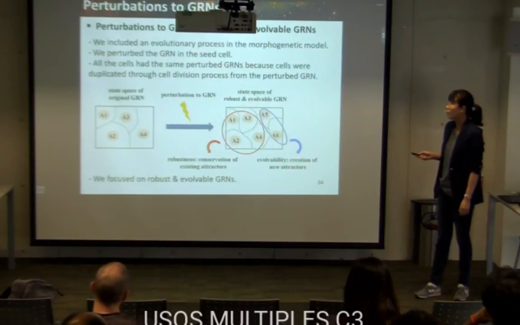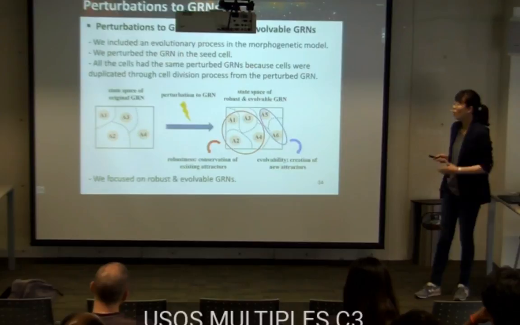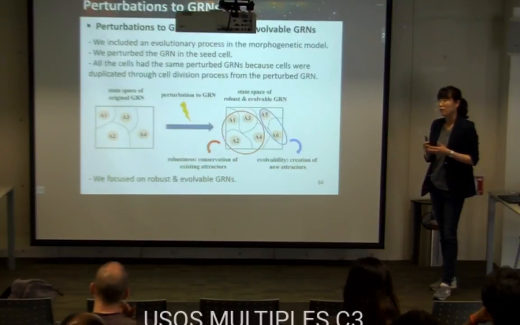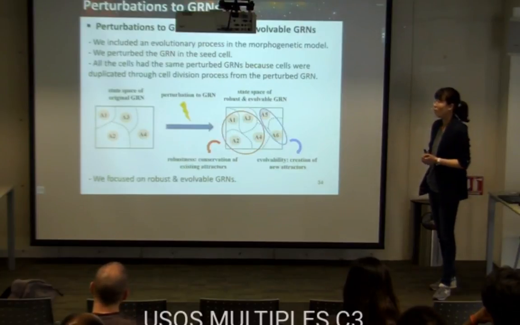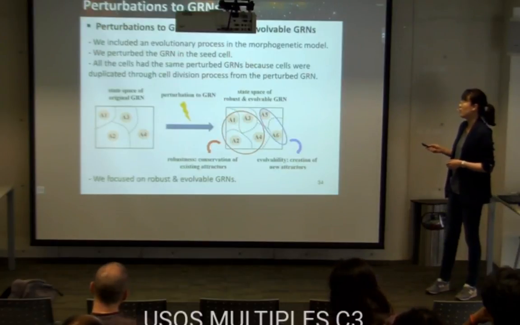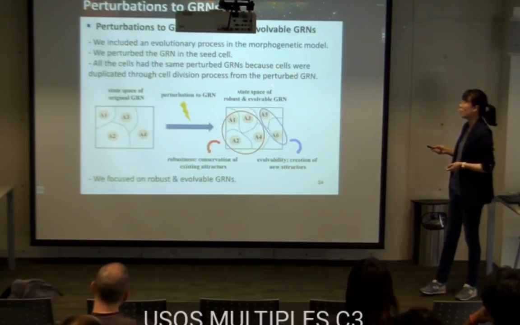Specifically, we perturbed the gene regulatory network in the seed cell. We added, deleted, or switched one regulatory link between a pair of genes. All the cells had the same perturbed gene regulatory network because the cells were duplicated through the cell division process from the perturbed network.